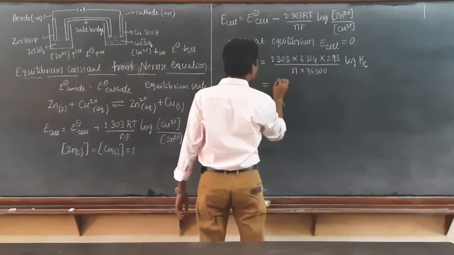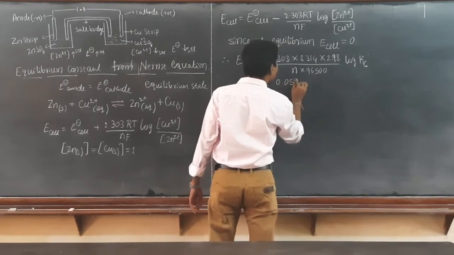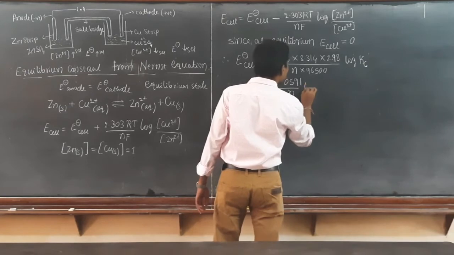If it is calculated, it becomes 0.0591 divided by n times log Kc.